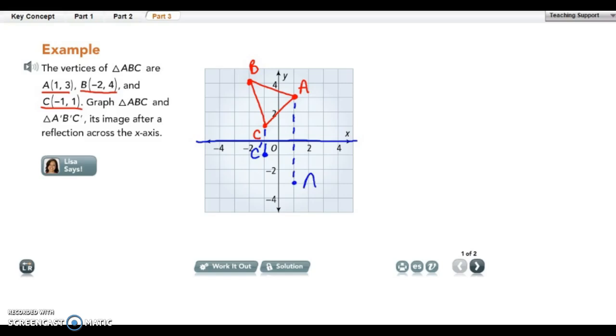So this is going to be A prime, and B is going to be 1, 2, 3, 4 down, 1, 2, 3, 4. So this is going to be B prime. Then I'm going to go ahead and draw in my circles. Sorry, we were a little bit messy. So there is my new triangle.